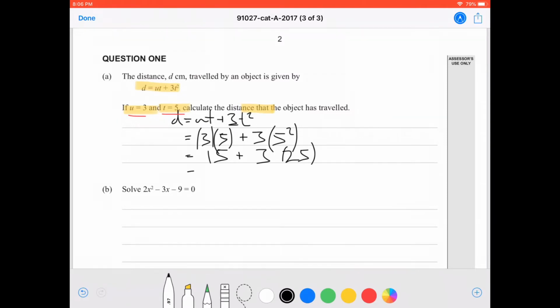We can say 15 plus 3 times 25 is 75. So our distance travelled is 15 plus 75, and that is 90. Okay, correct solution here, no alternative. D equals 90 will get you the achieved grade.